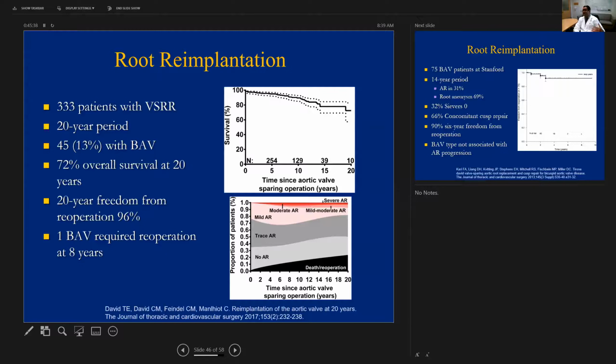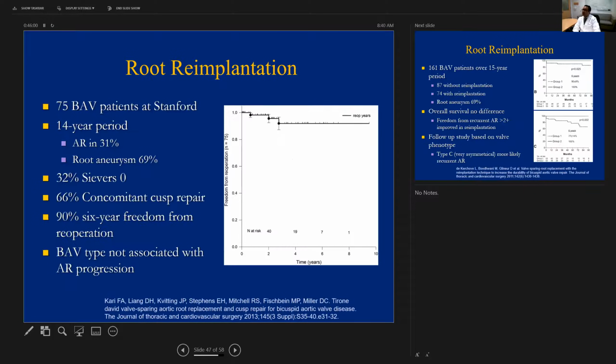So in their approach, as Dr. David talked about in his debate, they don't go after bicuspid valves aggressively with regards to repair and reimplantation. But overall, the survival was 72% at 20 years, and freedom from reoperation for the entire group was 96%. So very good outcomes can be achieved with these techniques.